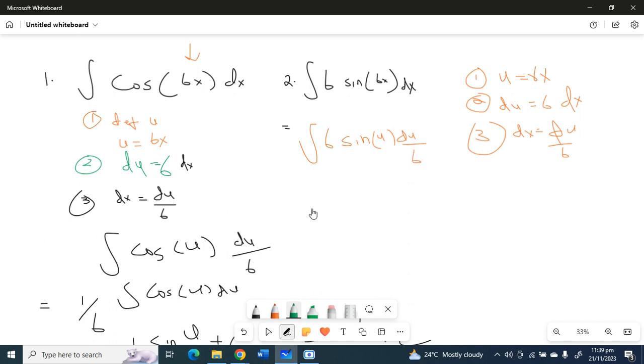Okay, then these sixes can cancel each other out. 6 out there, 6 out. So we remain with the integral of sine u du. The integral of sine is negative cosine, so it's negative cos u plus c.